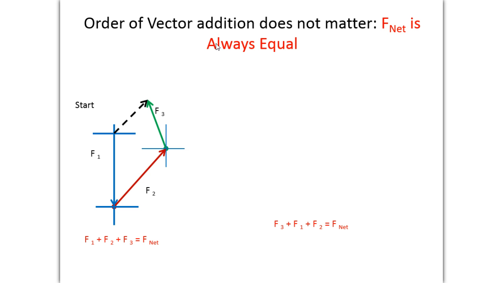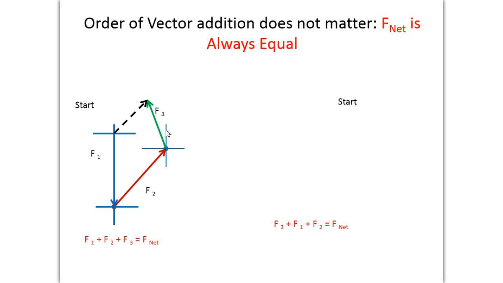The order in which you add the vectors does not matter. F net is always equal. So here we added force 1 plus force 2 plus force 3 and got our net. If you want to start with force 3 and then add our vectors in this order, it wouldn't matter. Our resultant vector would still be in the same direction, same size.